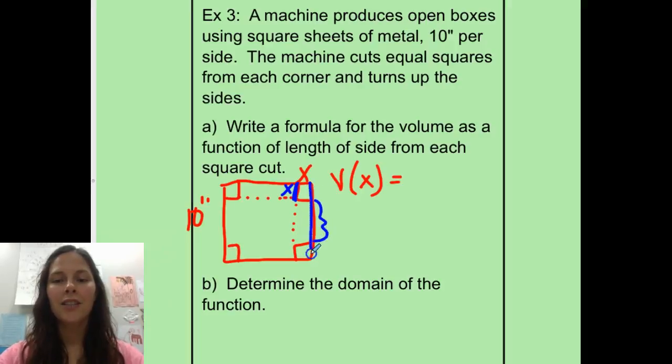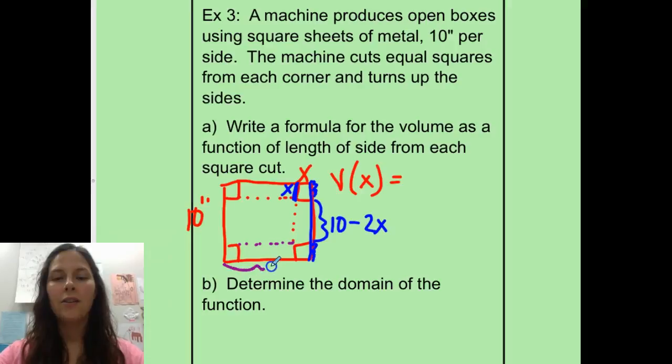If the entire side is 10 units, and we are cutting away a square that is x units here, and another square that is x units here, we're taking two x's away from that 10 inches. If you think about the other side, I'm going to work down here because the top is getting a little bit clustered. It's the same value.